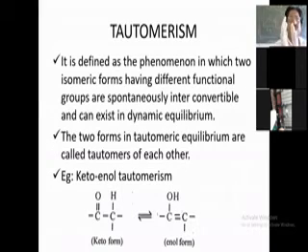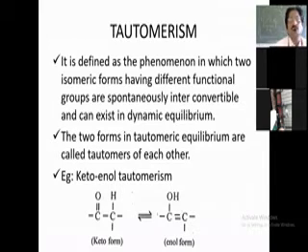So the 2 isomers of a molecule convert themselves spontaneously, and as they convert, they always remain in equilibrium. Such a phenomenon we call tautomerism.